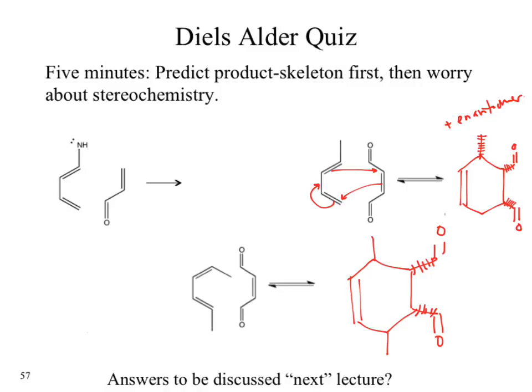Anything on the inside of my hand must rotate one direction and one direction only, which is up. So anything on the inside portion of my diene must be aimed upwards. Anything on the outside portion must be aimed downwards.